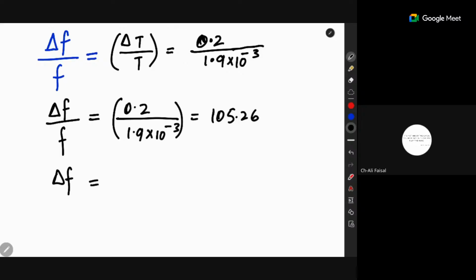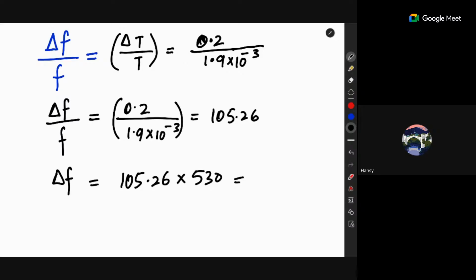Now the change in frequency will be 105.26 times 530. So what will be the number? 56,000. How much? Wait.